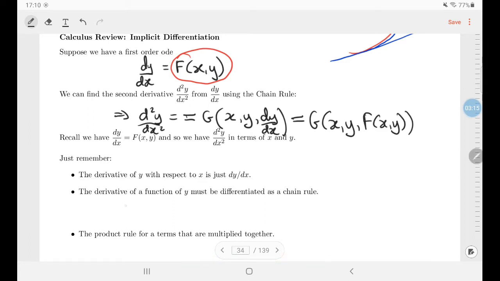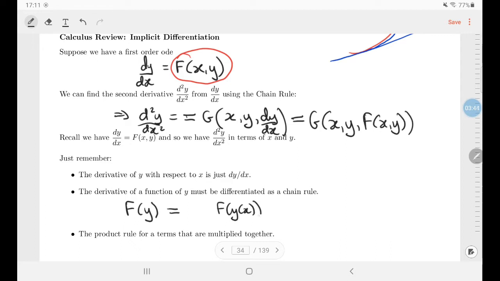When I teach implicit differentiation, I do the theory with you. You have something in terms of x and y. It's hard to do the theory here, but the idea is that y really is a function of x.